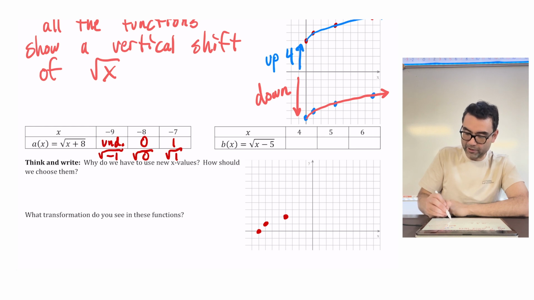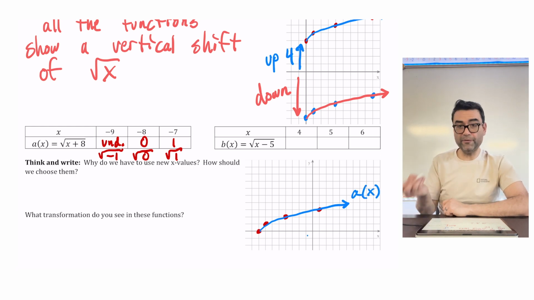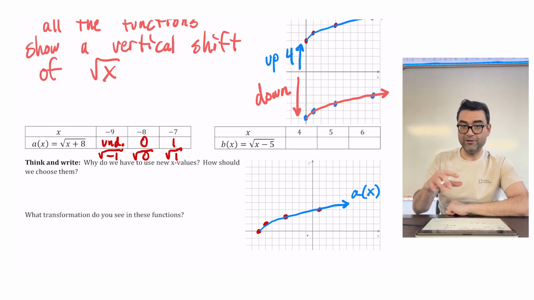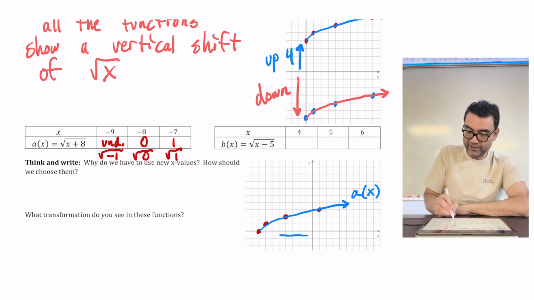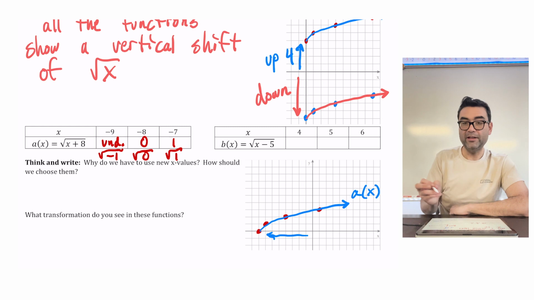And the next point will go up 1 over 5. And that's our function a of x. And what you're hopefully noticing is instead of being an up and down shift, this is actually a function that shifts the parent graph left.